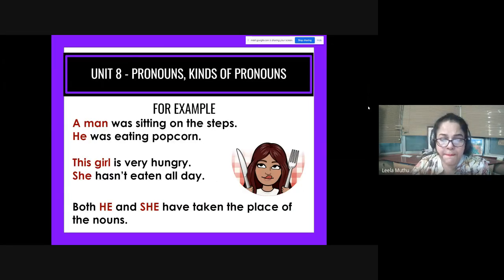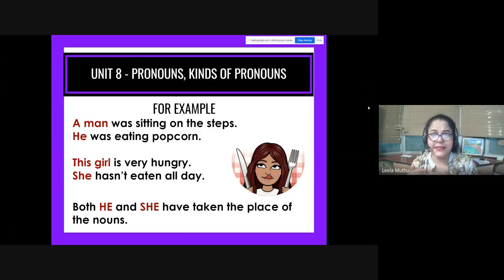Let's look at different examples of when pronouns are used. For example, a man was sitting on the steps. He was eating popcorn. In the first sentence, we've introduced the subject, the person who's doing the action, a man. What was he doing? He was sitting on the steps.